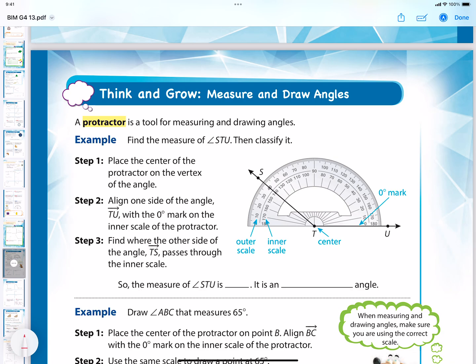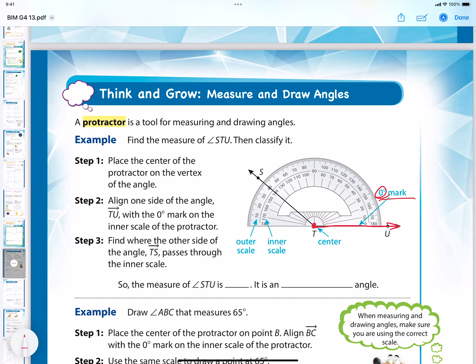So place the center of the protractor on the vertex of the angle. And step 2, align one side of the angle, here ray TU, with the 0 degree mark on the inner scale of the protractor.